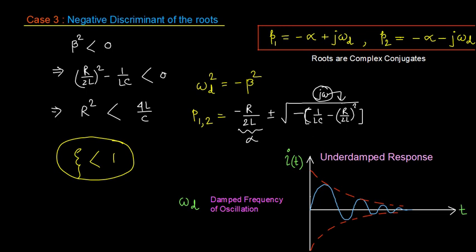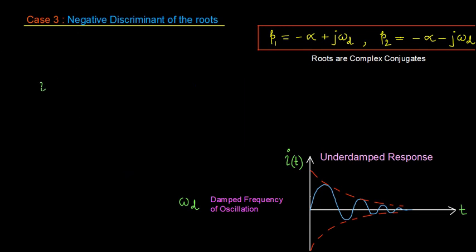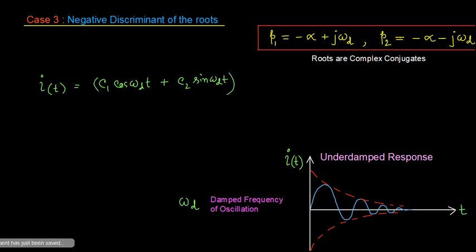Here omega d squared is equal to minus beta squared. For such a case, the solution becomes in this form: i(t) equal to (C1 cosine omega d t plus C2 sine omega d t) multiplied by e to the power minus alpha t, subjected to the same initial condition, I0 minus equal to I0 plus equal to 0.